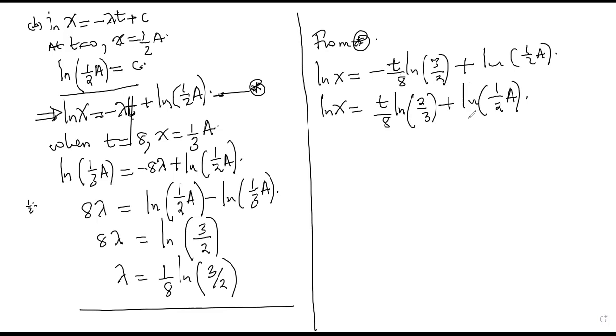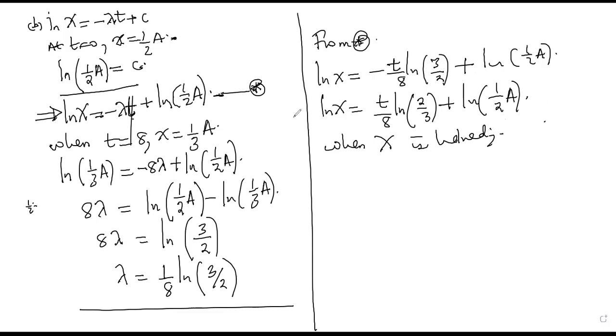Now, they told us that we proved that the initial amount was halved. So when the initial amount was halved, that is when x is halved, it means that it was already a half. Yes, x was equal to a half originally. It was a half a. So when it is halved, it goes to a quarter a.